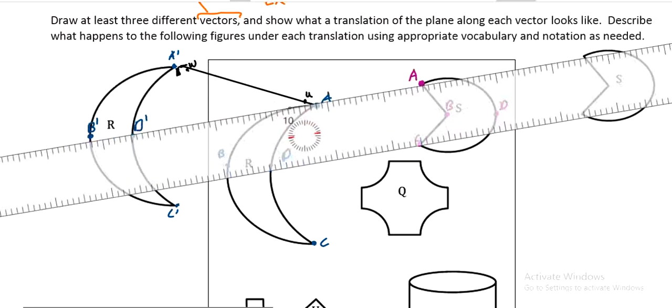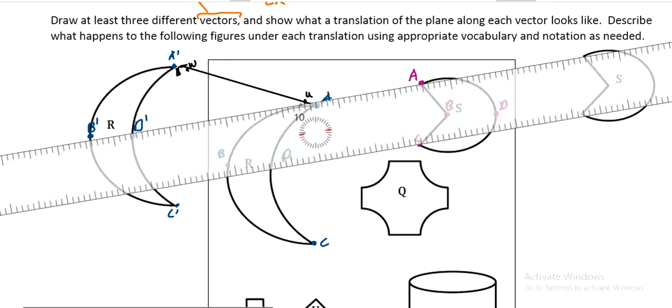If I look here, the vector we use to move this shape, I'll draw the line.